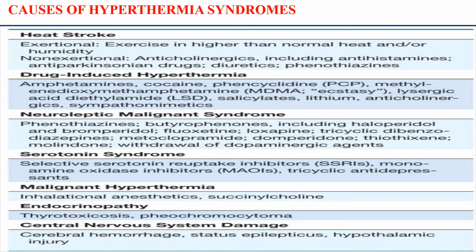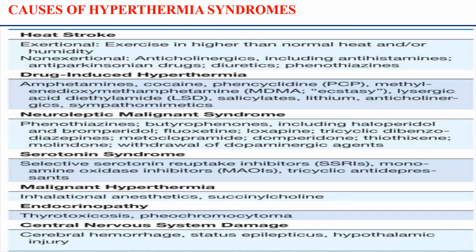This is important for those working inside operation theater and for those having anesthesia for operation. Malignant hyperthermia may be due to inhalation anesthetics and succinylcholine. Endocrinopathy, endocrine causes: thyrotoxicosis and pheochromocytoma.